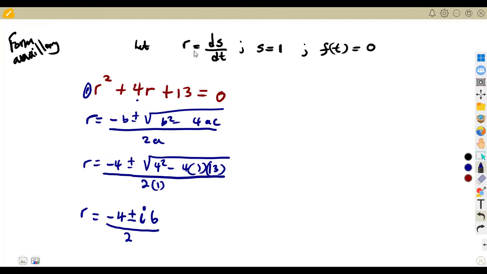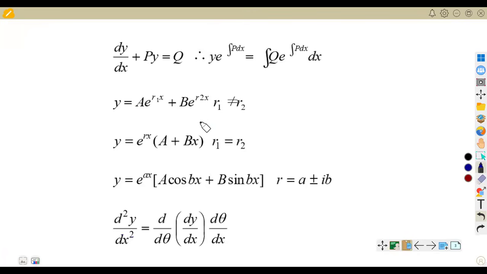The reason why I'm using R here, because some of you might be wondering why am I using R instead of M? Then why am I using i instead of j? If you check on your formula sheet for the second order, these are the formats that you are going to have at the end from this auxiliary equation. These are the solutions that you are given.